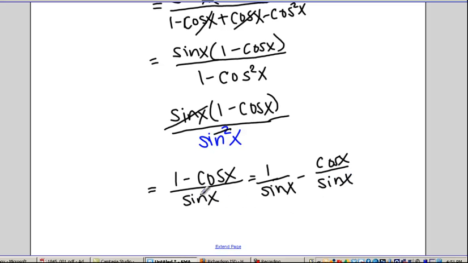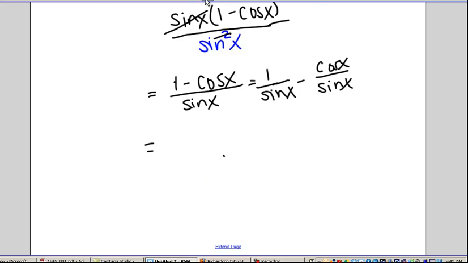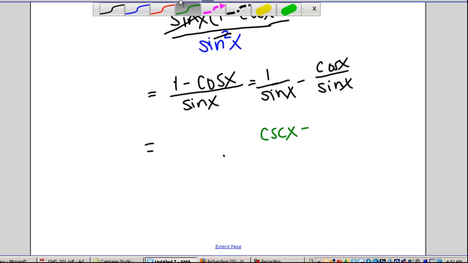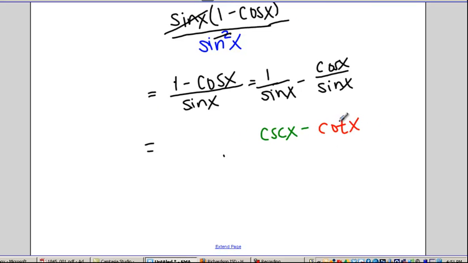Okay, all we did here is we split up the fraction. So we put 1 over sine and then cosine over sine. Okay, because the reason why I would do that is 1 over sine equals cosecant of x, and cosine over sine is cotangent of x. And that is the way you solve this problem. Okay?